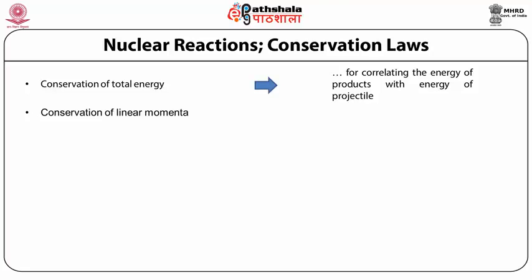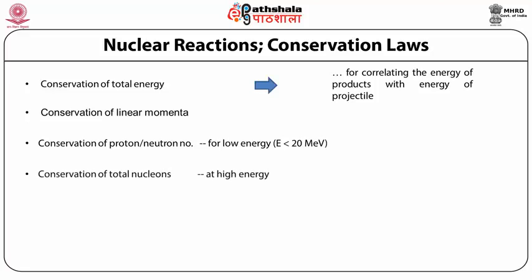Another important conservation law is the conservation of proton or neutron number. That is, when two nuclei are reacting, the total number of protons in the system and the total number of neutrons in the system must remain conserved.